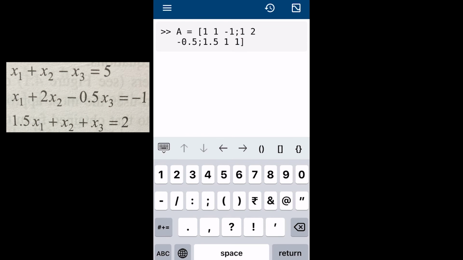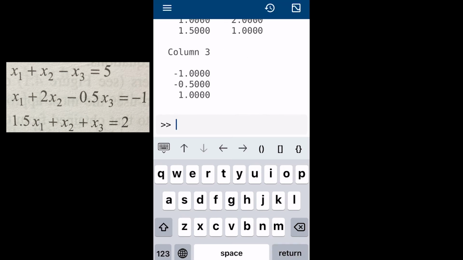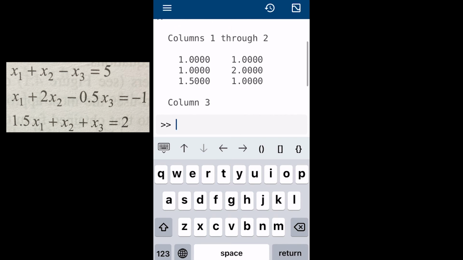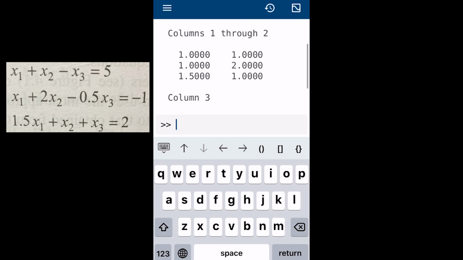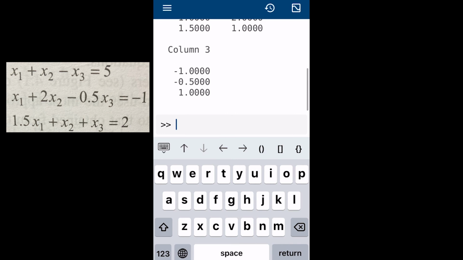So you had three equations, so you have 3 rows in the matrix A, and how many variables? x1, x2, x3, 3, so you have 3 columns. So you have defined the matrix A. Press return. So column 1, column 2, column 3, all are defined now.